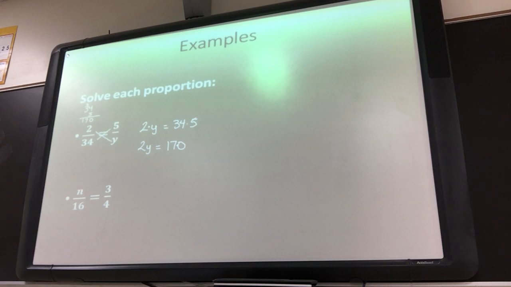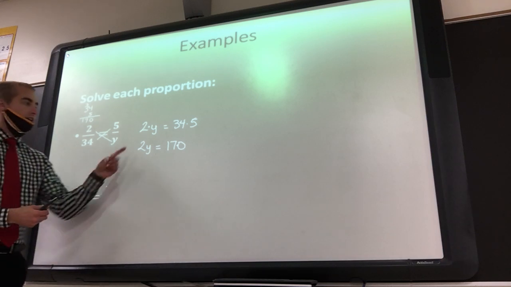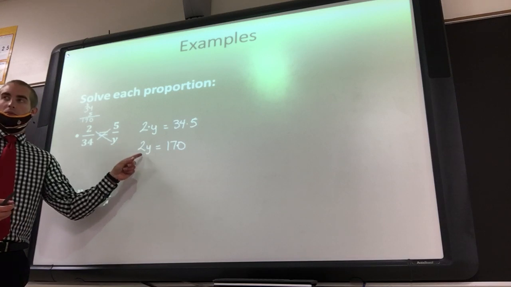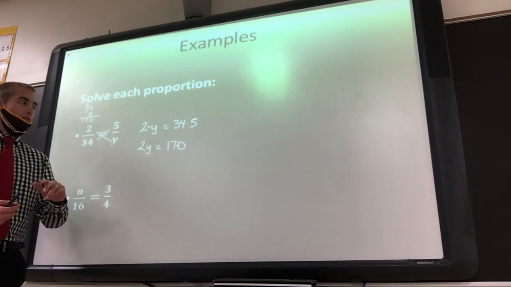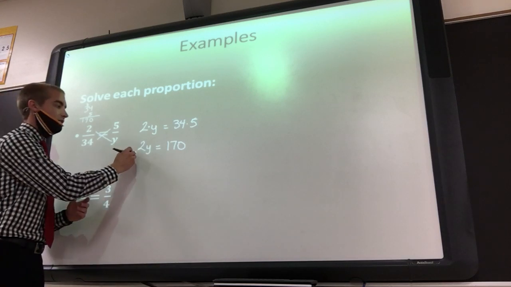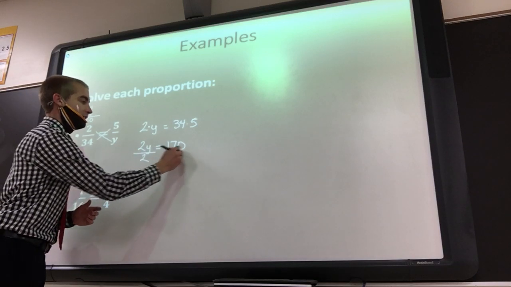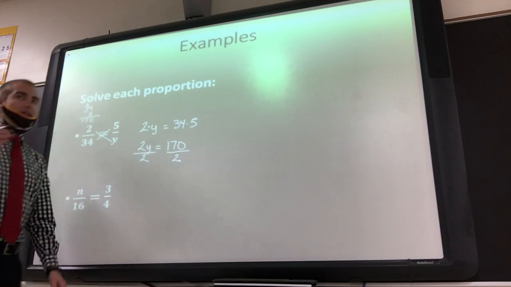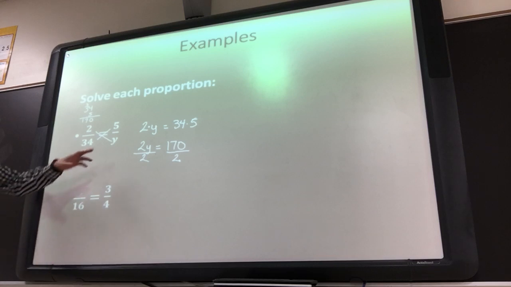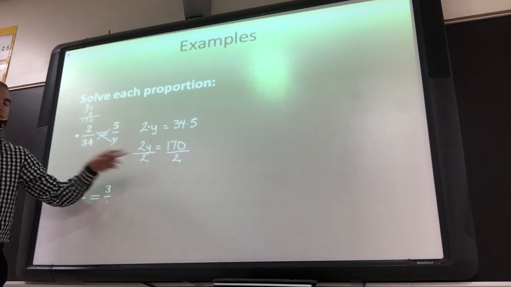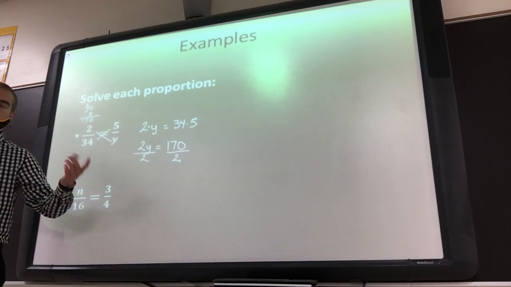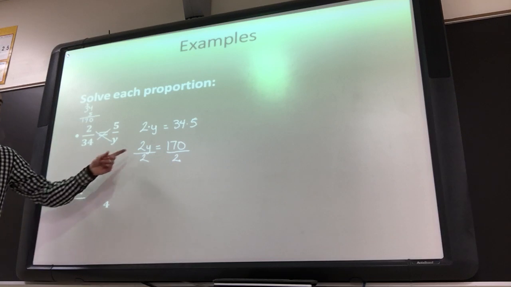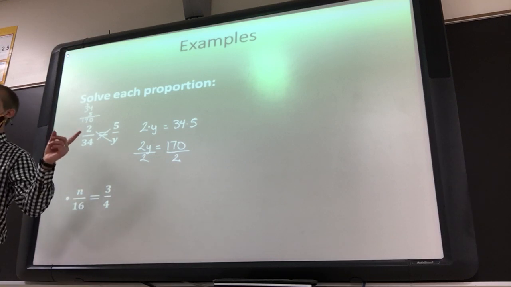So the last thing that we're going to do is we're going to divide by the number in front of the variable. So 2 is in front of the variable. So what we're going to do is divide both sides by 2. And what happens when you do that, we've got 2 divided by 2, which is 1. And so you just got 1 y left over.